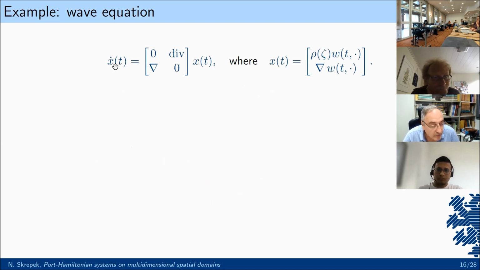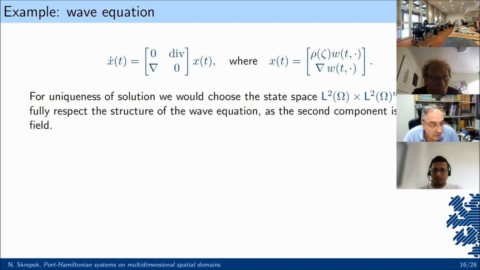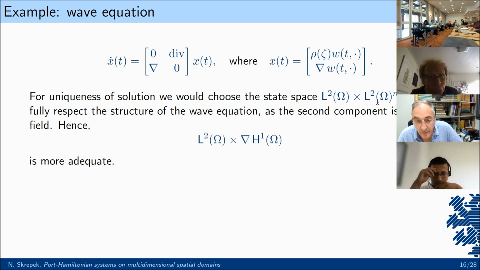So we have this inner dynamic with this state variable, and now we can see the second component is always a gradient field. Before, when we only cared about uniqueness of solution, we could choose the state space L2 and L2, but it doesn't fully respect the structure, because the second component is a gradient field, and therefore it's more meaningful to also reflect this in the state space. So a better state space would be L2 and gradient fields.